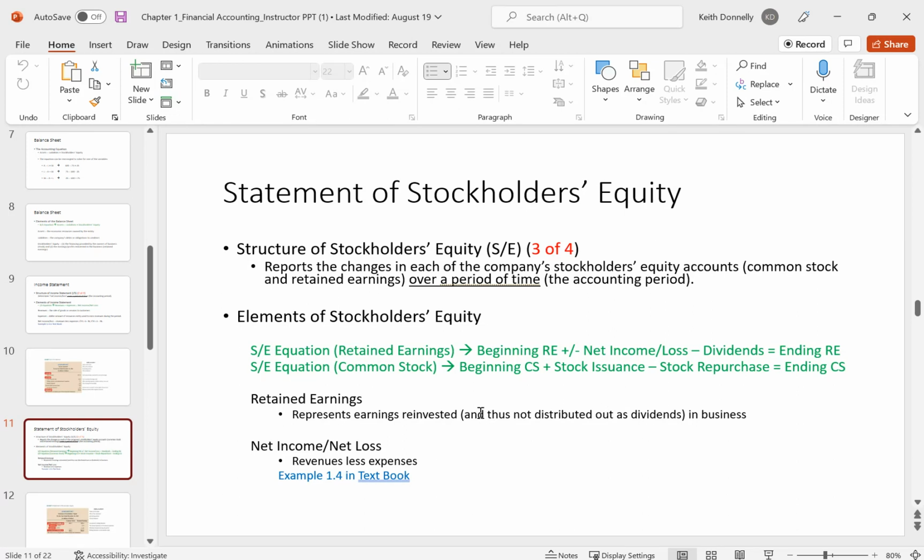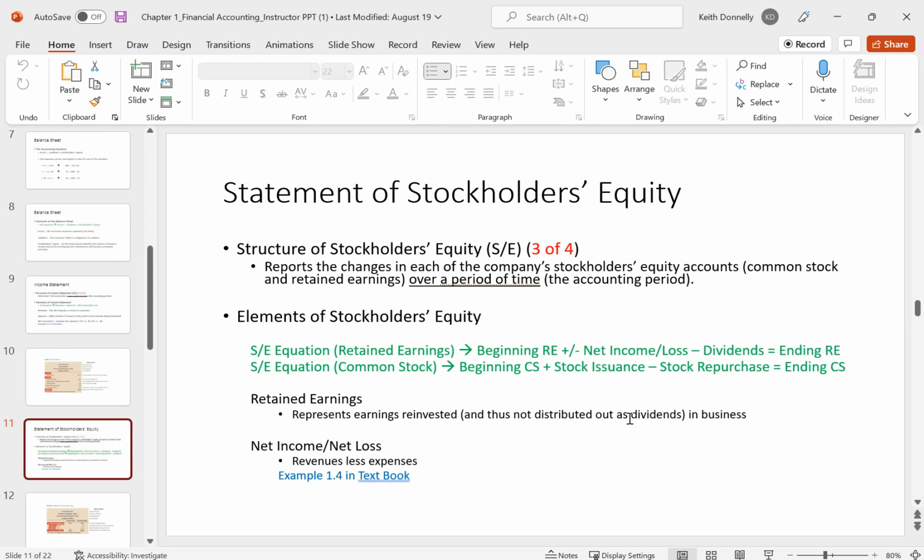Likewise, the equation you need to remember for retained earnings, those earnings you keep in the business, is your beginning retained earnings plus your net income, or alternatively, if you were at a net loss, minus your net loss, minus your dividends, gives you your ending retained earnings.